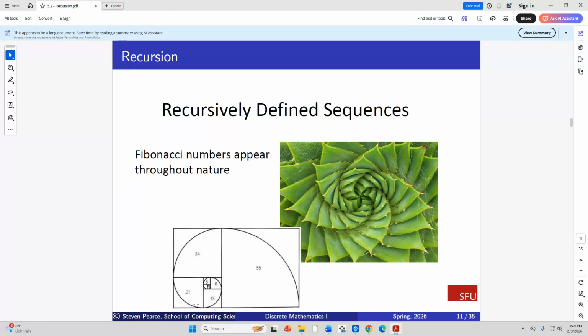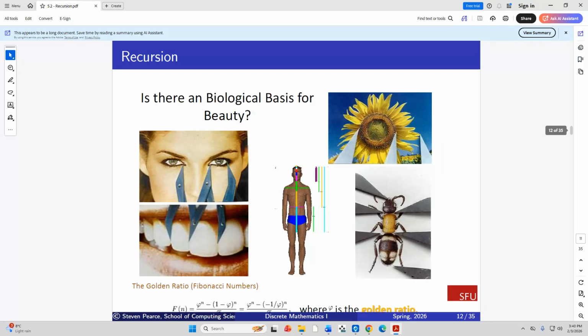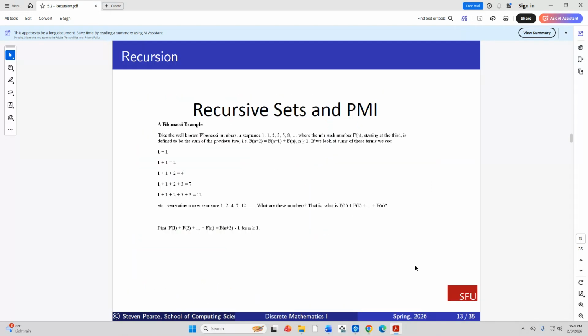So you can see the Fibonacci sequence 5, 8, 13, 21, 34, 55. And this is exactly the spiral pattern found here in galaxies and so forth. Here's the so-called biological basis. This is just for your interest, where you can see the golden ratio is everywhere. Look at this. The golden ratio just appears almost everywhere in nature. Okay. Nobody really has an explanation for it.